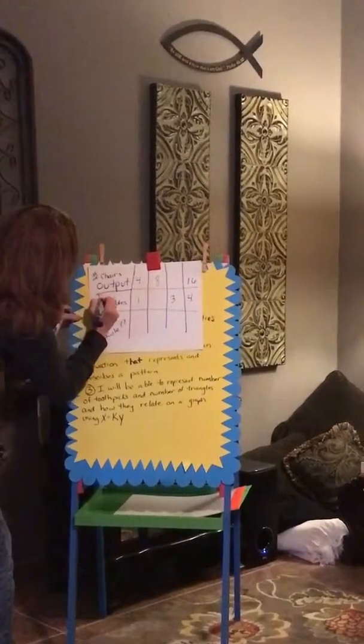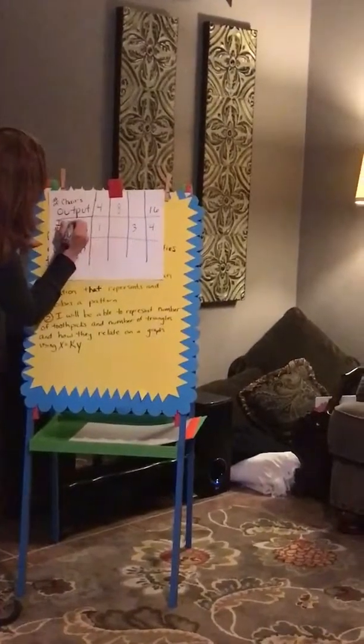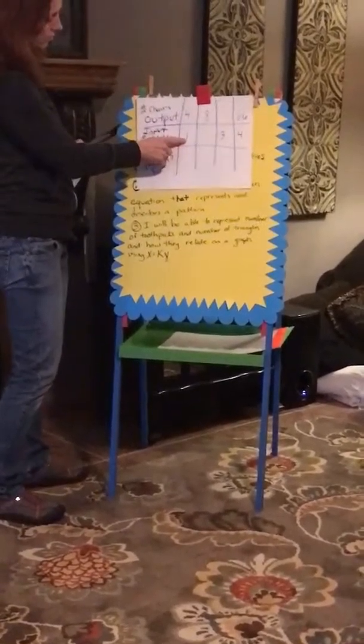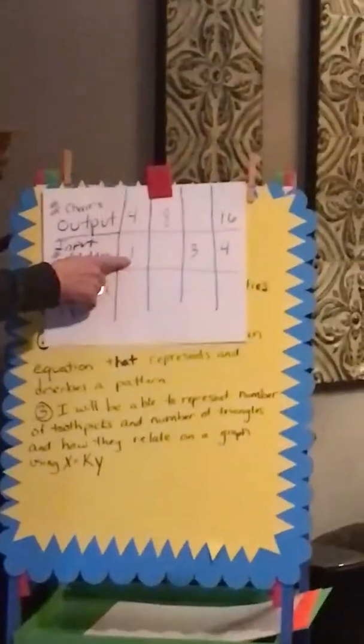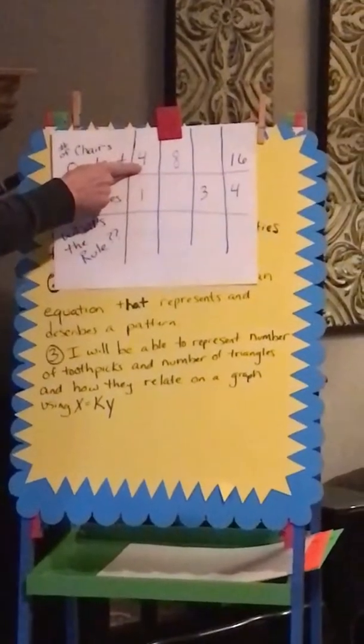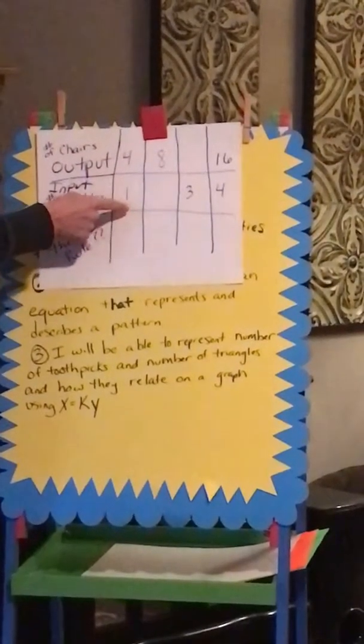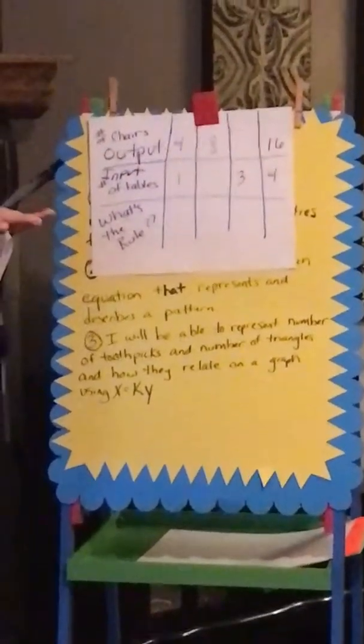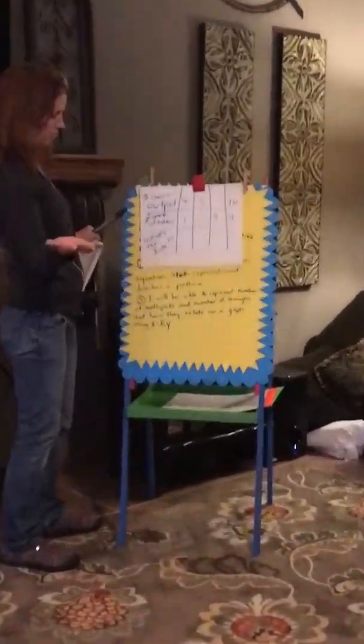Input. So input, number of tables. Output, we need 4 chairs. Okay. Well, over here we've got 8 chairs. How many tables are we going to need?